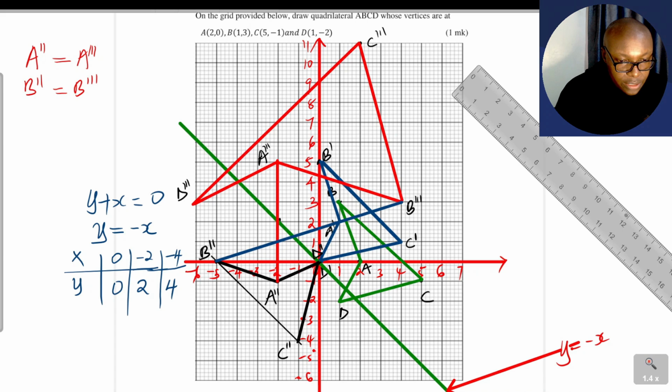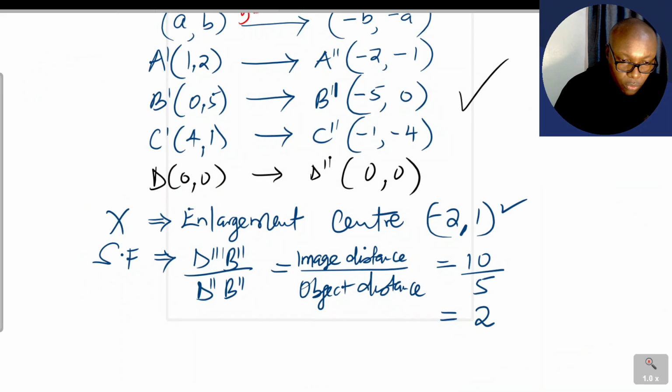In such a case, the enlargement is considered to be negative. Then another question. When is an enlargement considered to be positive? An enlargement is considered to be positive if the object and the image are on the same side with the center of enlargement. I repeat that.